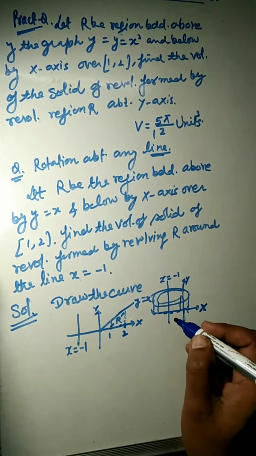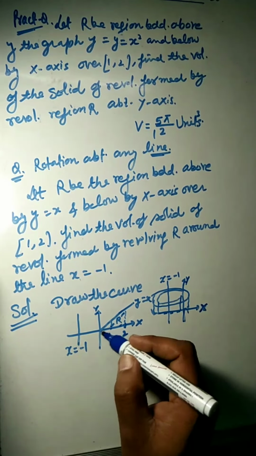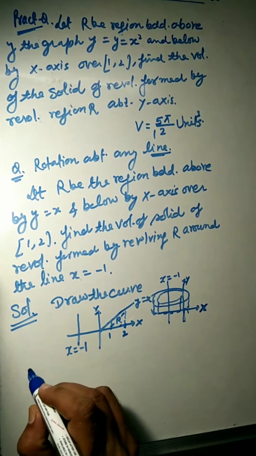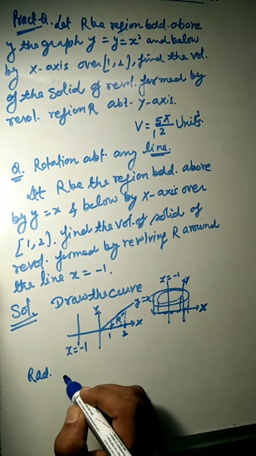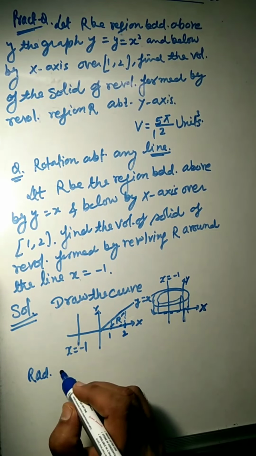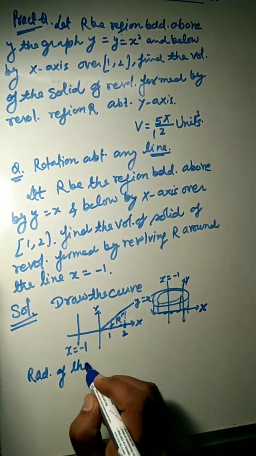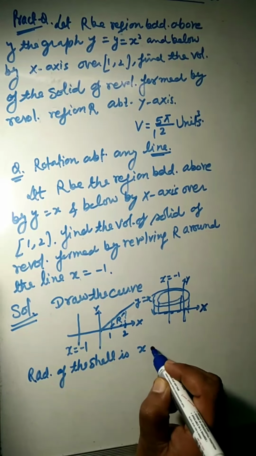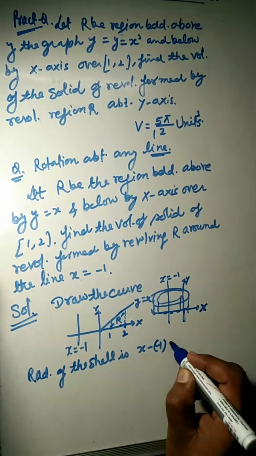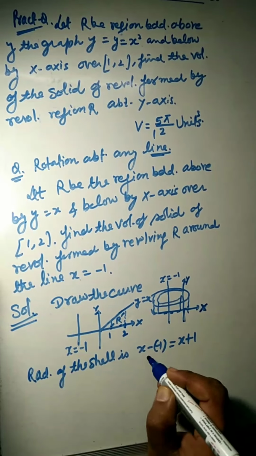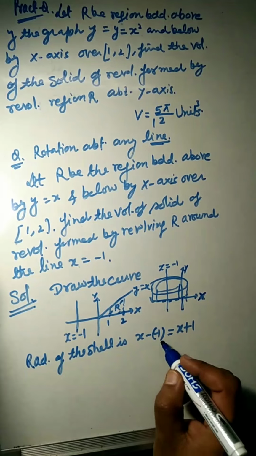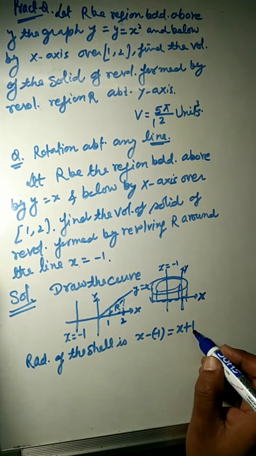This is x equals -1. If we revolve this around x equals -1, therefore the radius of the shell is x minus the axis of rotation, that is -1. So x plus 1 will be the radius.